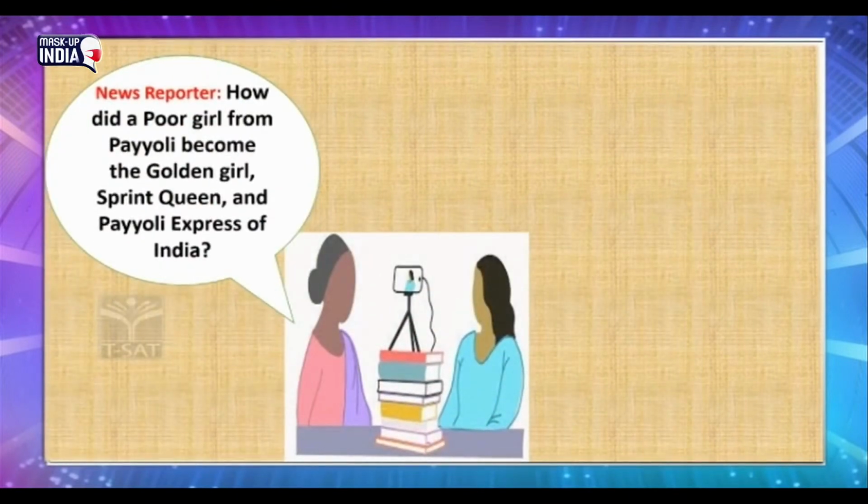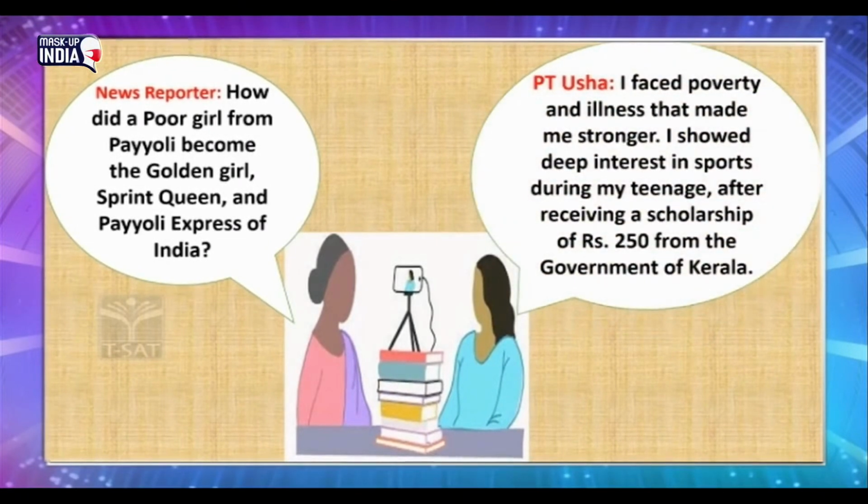Reporter: How did a poor girl from Payyoli become the golden girl, sprint queen, and Payyoli Express of India? PT Usha: I faced poverty and illness that made me stronger.